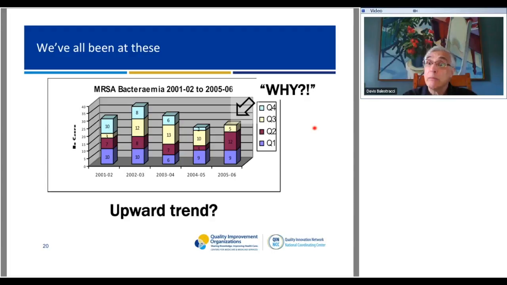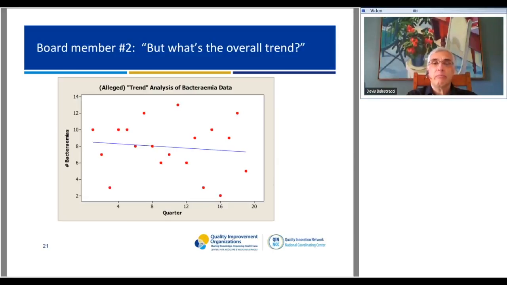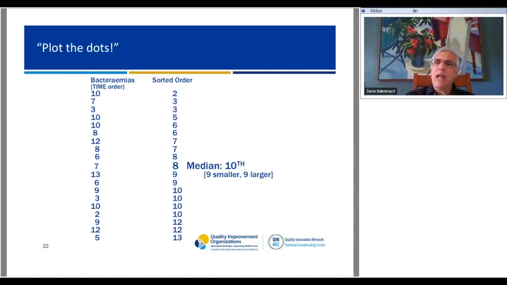Okay. So, oh yes, and you usually have a benevolent board member who will say, well, what's the overall trend? Okay, you tell me. How many meetings do you go to like this, by the way? Okay, so let's plot those 19 dots.